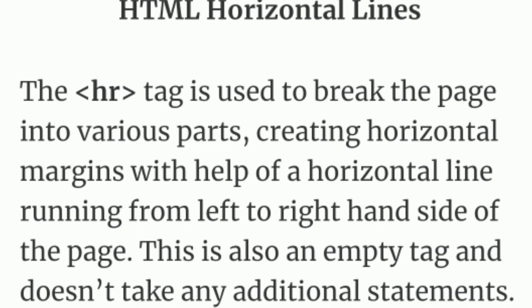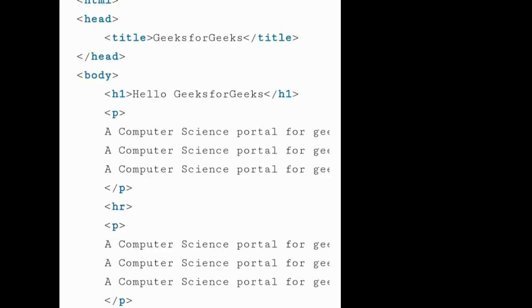The output is a computer science portal for geeks, repeated several times, and you can give the horizontal lines. This way the program is concluded.